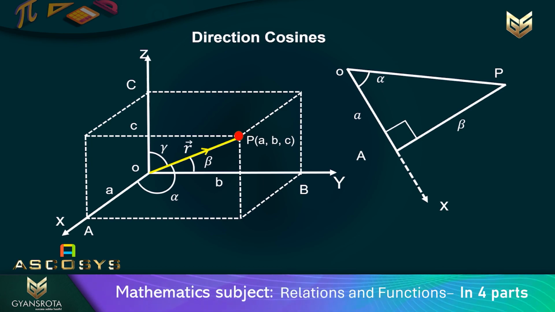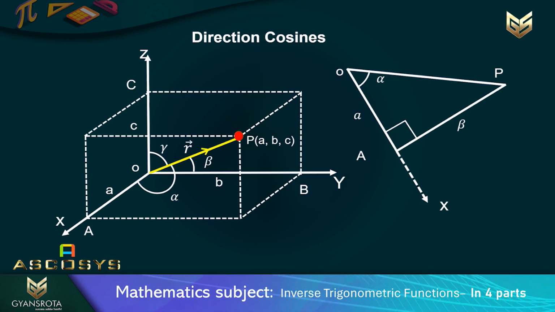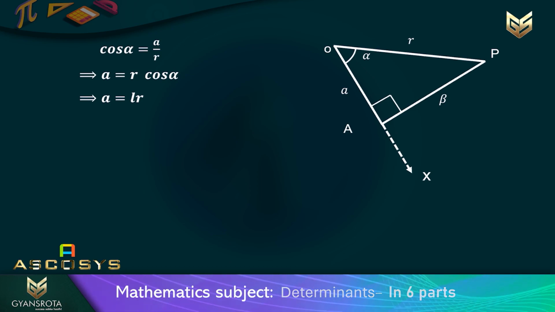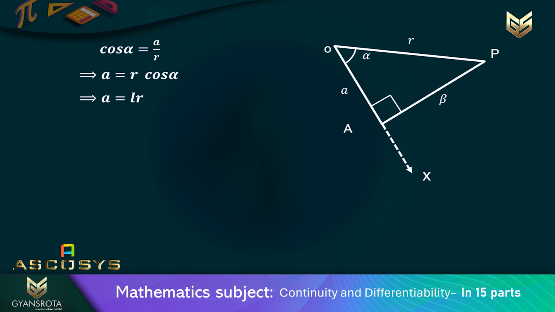So you have to imagine this diagram. Now in this right angle triangle, you can use the cosine formula that you have learnt in your trigonometry chapter. That means cosine of alpha will be equal to base by hypotenuse. What is the base in this triangle? It is A. What is the hypotenuse in this right angle triangle?